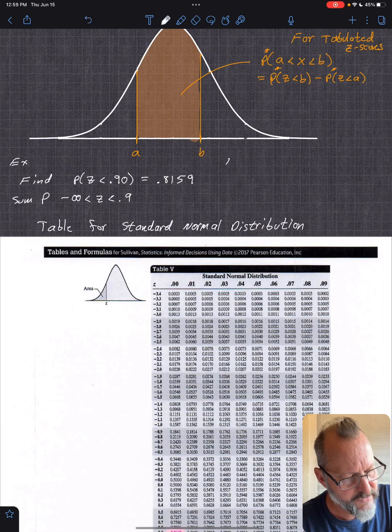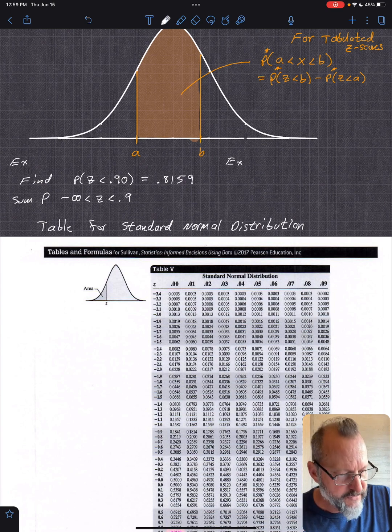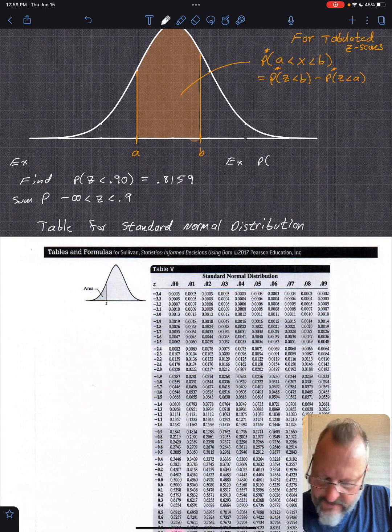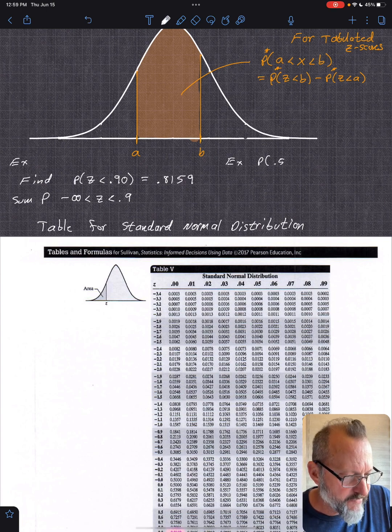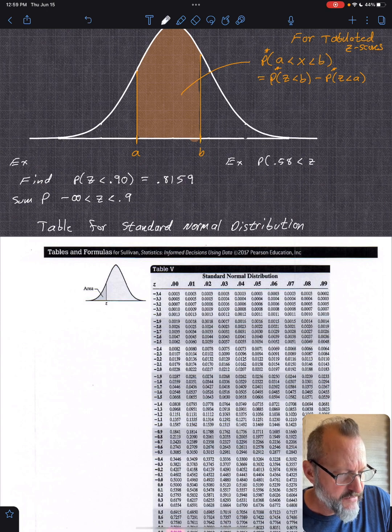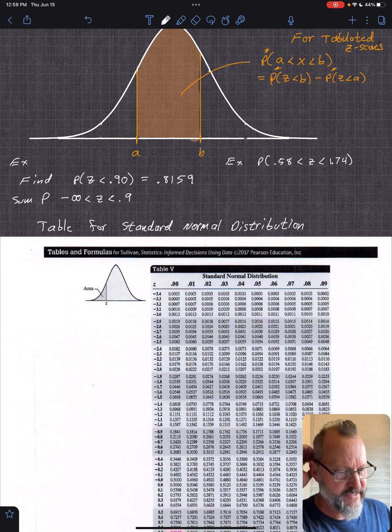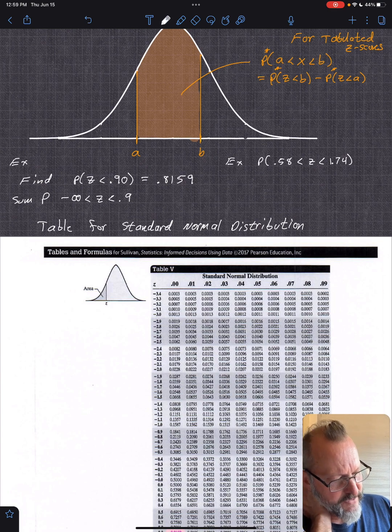Okay, so I'll do another example here. And I'm just picking some random ones in here. So probability 0.58 less than z less than 1.74. So that's everything between z between 0.58 and 1.74.